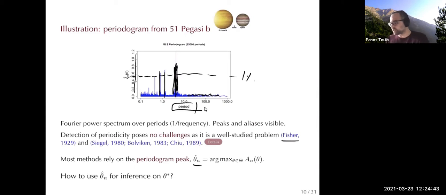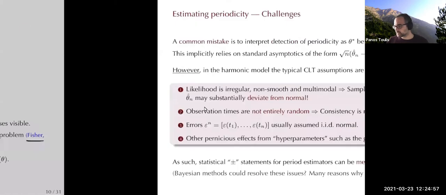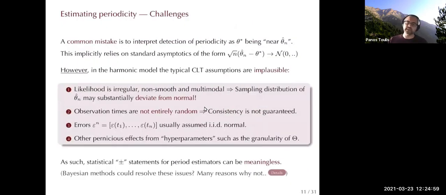But the question is, of course, after we have detected periodicity, how do we really use that periodogram peak to do inference for the true period? This is where the problems start for us. A surprisingly common mistake in practice is to interpret this detection of periodicity as if theta star, the true period, is near the peak.